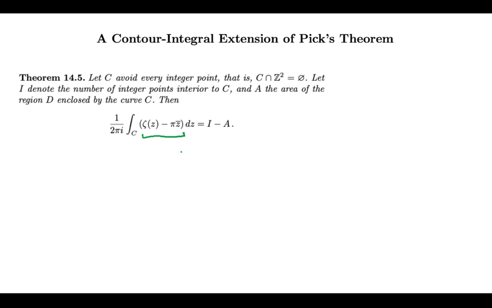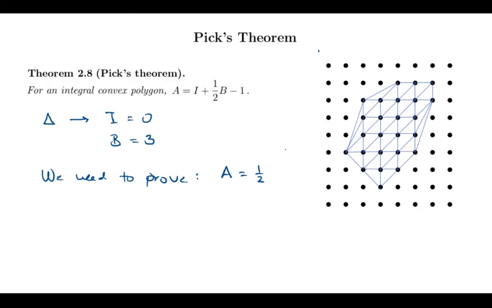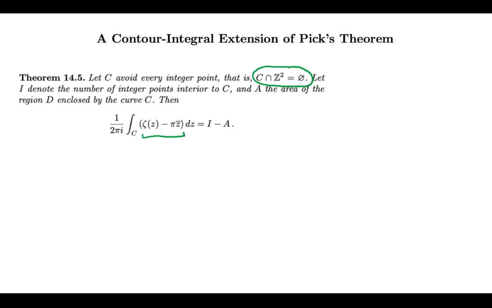I should also remark that one can get around this condition if we're careful. In fact, Pick's theorem, which we discussed in chapter 2, does follow from this theorem, but one has to be a little bit careful and study contributions of integer points on the curve when we relax this condition.